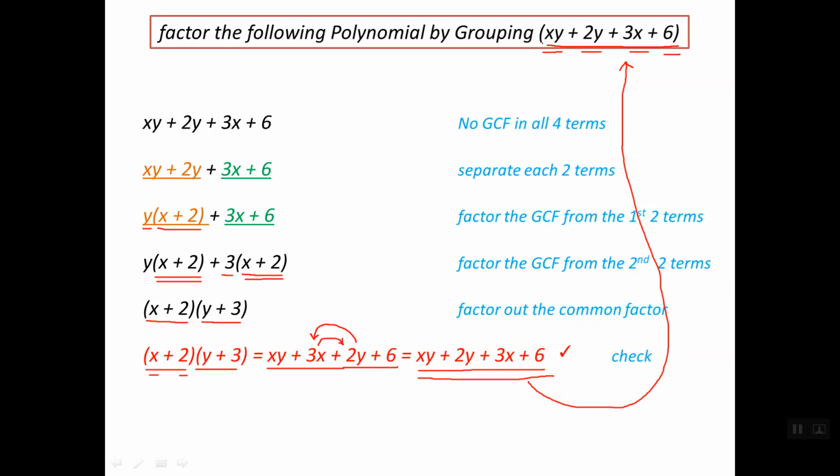Let's try together. So what we have here is xy plus 2y plus 3x plus 6. So now we switch between the second and the third terms. So we have this polynomial, which is xy plus 3x plus 2y plus 6. Let's do the same steps as previous.